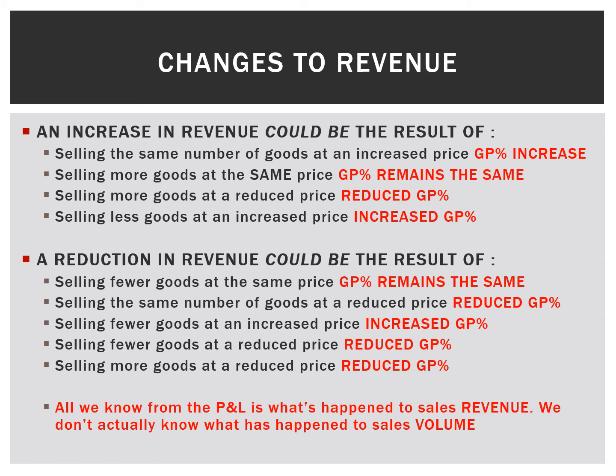So the important thing to remember more than anything is that the figure in the profit and loss account is just sales revenue. We do not know what's happened to the volume of products sold, although as I've already indicated, if we look at what's happened to the gross profit percentage, that might give us a bit of a hint as to the reason why that revenue has changed.